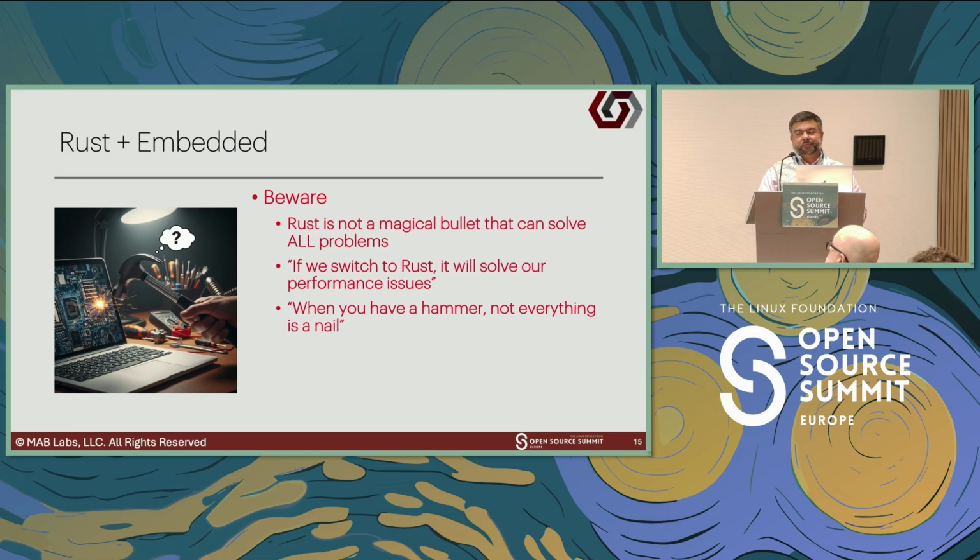No. Just be aware that there's an effort going on to incorporate Rust into Zephyr, and from my perspective these are the three issues that it solves. But we still have to do our jobs. We still have to understand what the advantages and disadvantages are, because we have a limited amount of time. So we have to understand the trade-off between how we incorporate Rust versus just keeping things in C as it is.